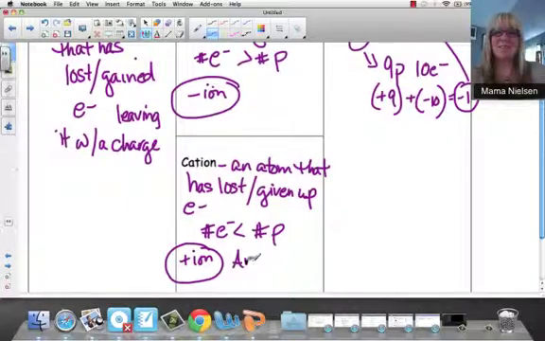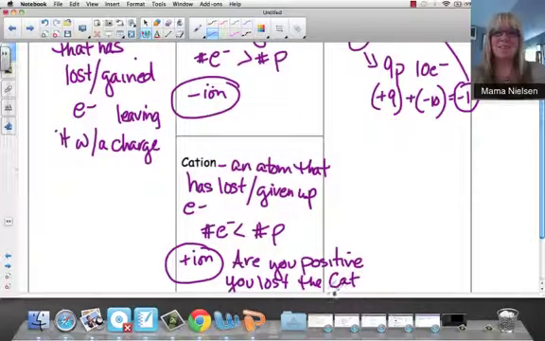And an easy way to remember this one is, are you positive you lost the cat? So cat and cation. Are you positive you lost the cat? Cation is a positive ion. Little bit of chemistry humor there.